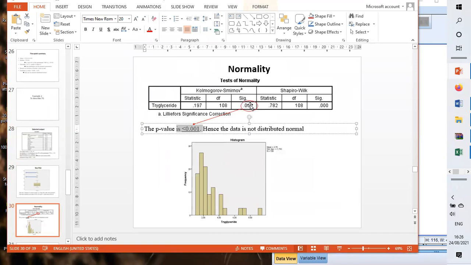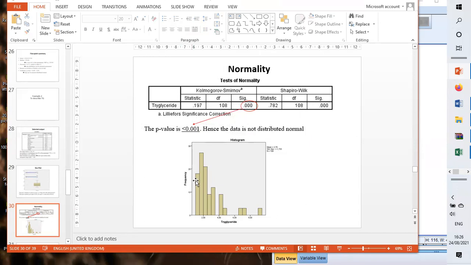It doesn't mean 0. There could be some numbers after. So you report less than 0.001. Is it less than 0.05? Yes, of course. No need to say 0.001 is less than 0.05, it's understood. Therefore, data is not distributed normal.